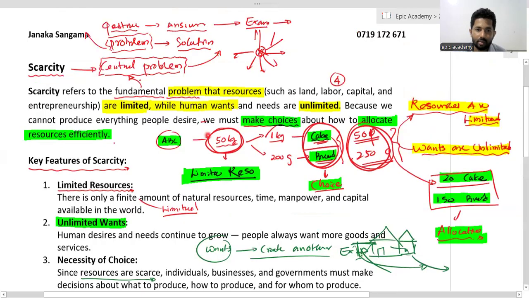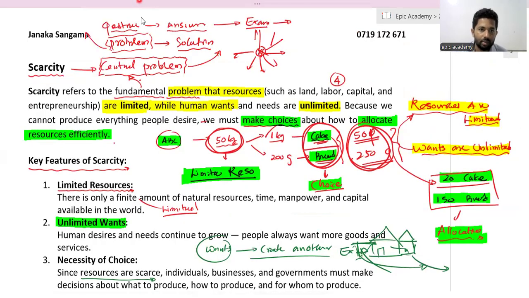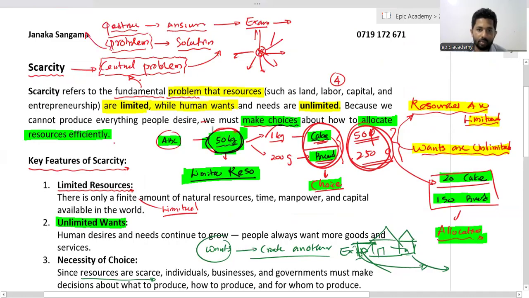Take that ABC company produces bakery items. They have only limited resources, this amount, isn't it? And they have to decide whether they are going to produce cake or bread. So you can identify choice is super necessary for any kind of economic activity, because of scarcity.